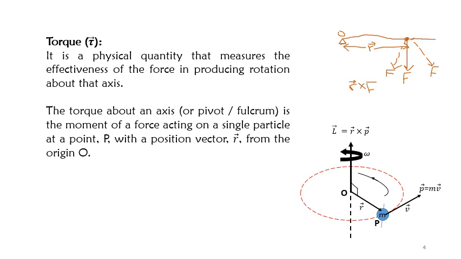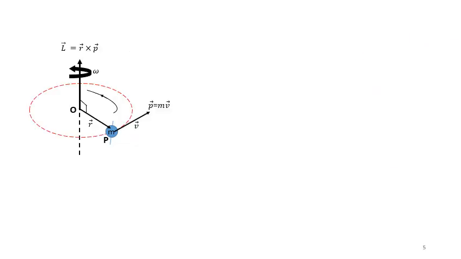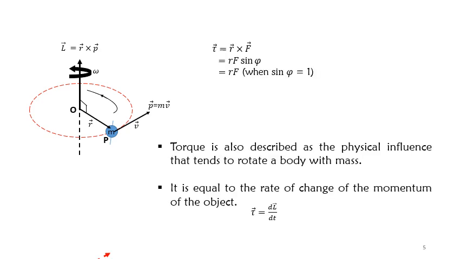If the force is applied in a straight line, parallel to the position vector, then there won't be any rotation at all, no matter the amount of force. And we'll see shortly why that is. I'll describe it further. The unit of torque is Newton meter and can also be expressed in kilogram meter squared per second squared.